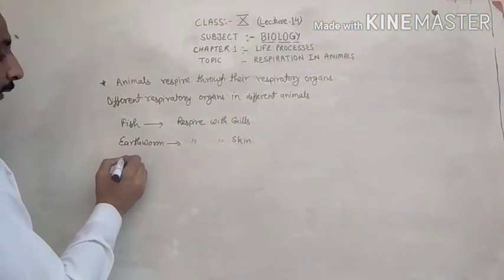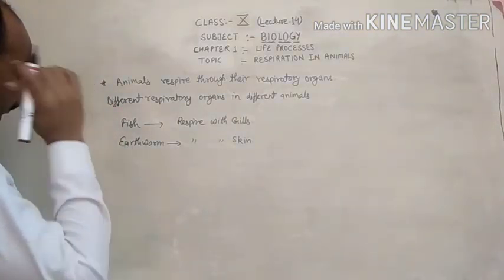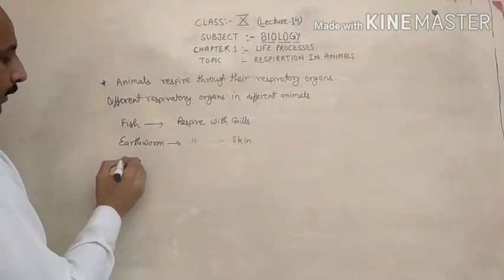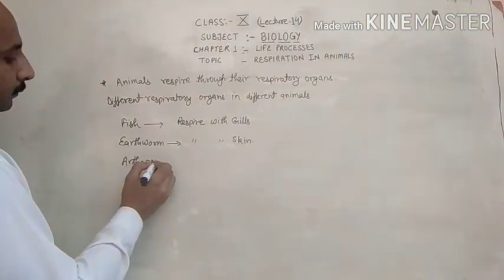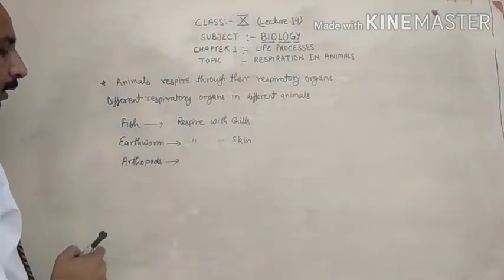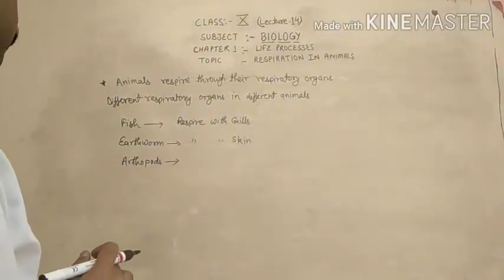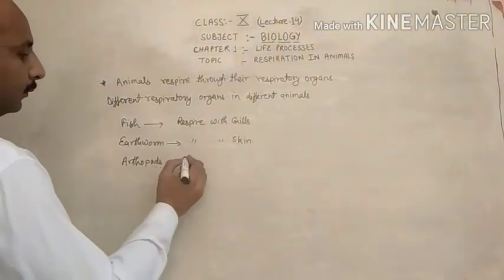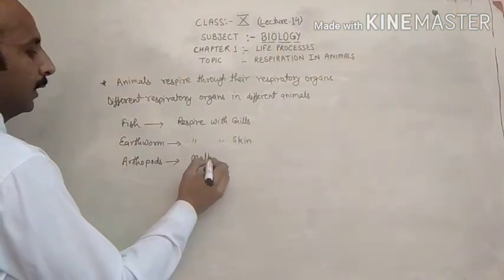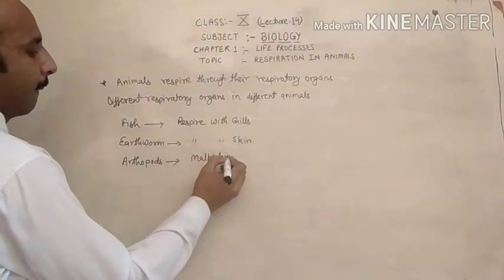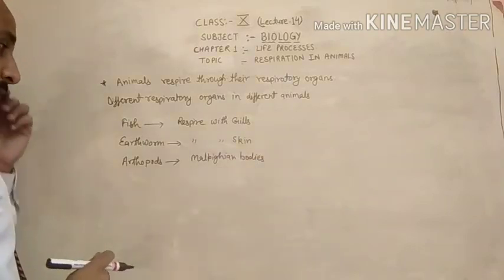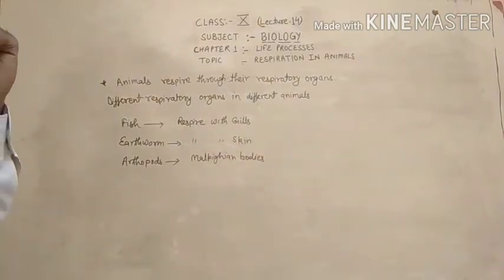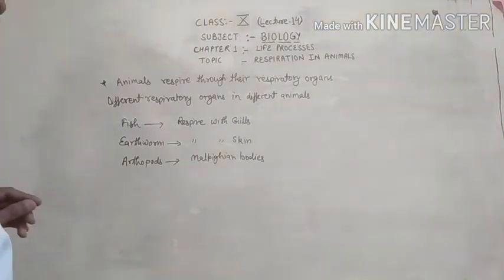Then arthropods have Malpighian bodies. These are the special organs which are present in the arthropods for respiration.